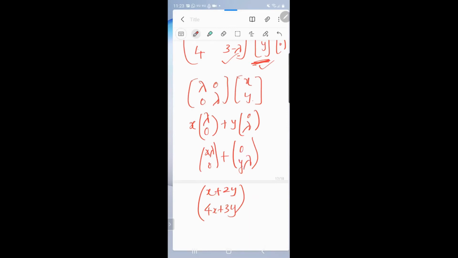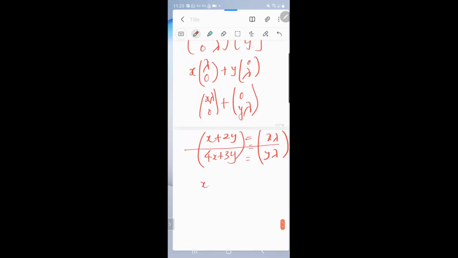So this gives us x lambda, y lambda. Now I'm saying this first one is one equation, second one is another equation. So x plus 2y equal to lambda x, and 4x plus 3y equal to lambda y.